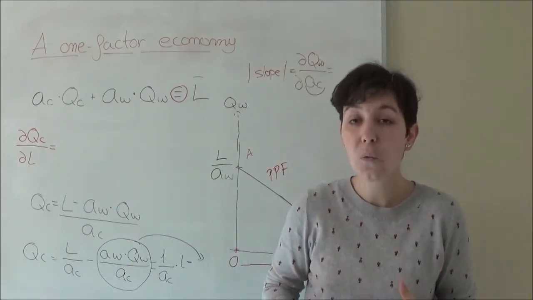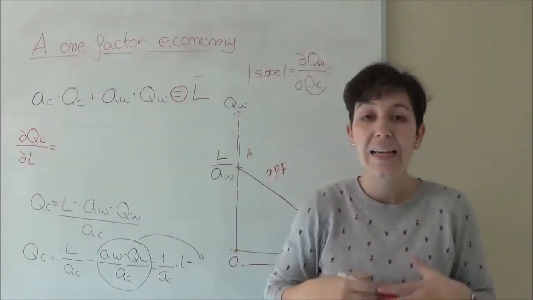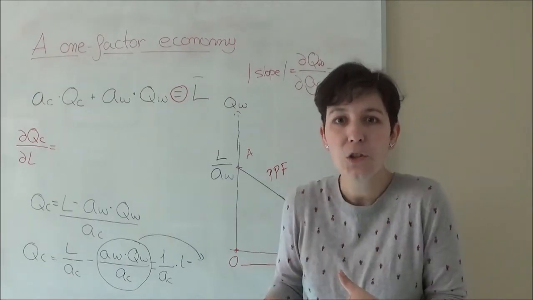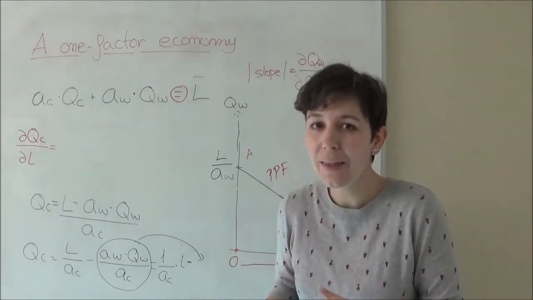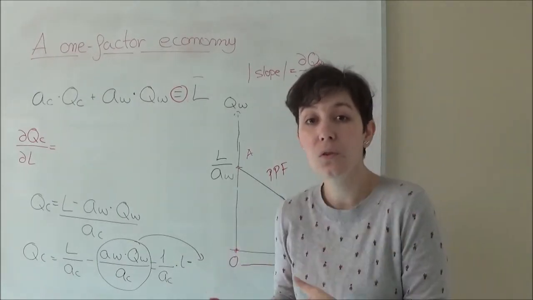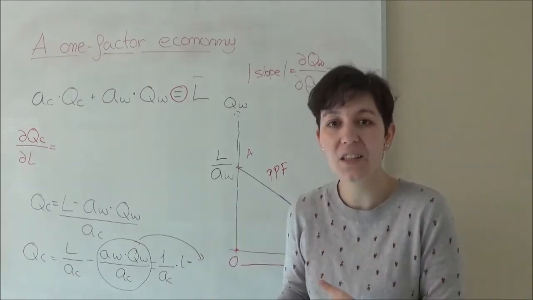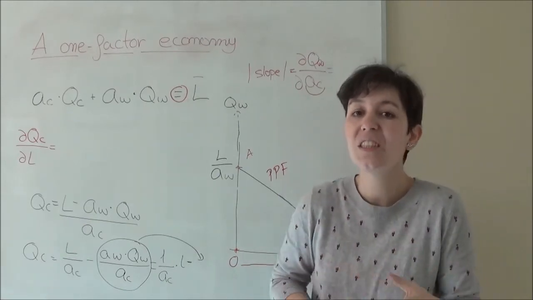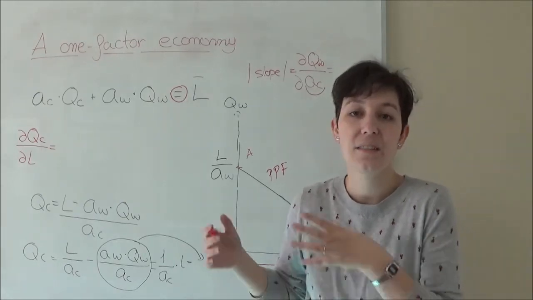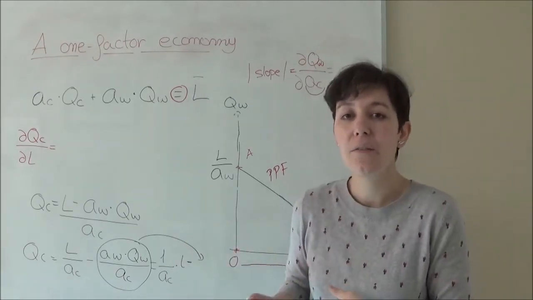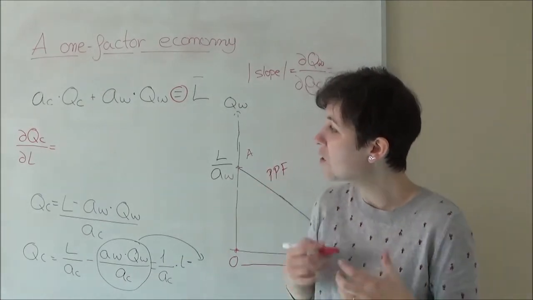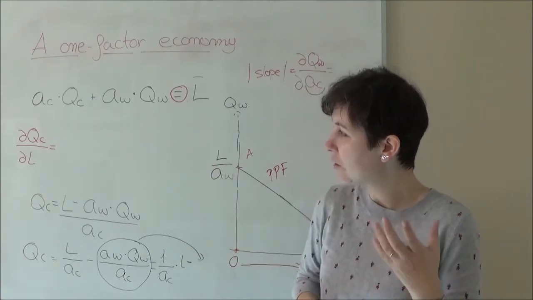You see that we always use the same notation for the same intention. We want to know how a variable changes when another variable changes, and the change in the variable that is changing in the first place is always the same, and it is 1.